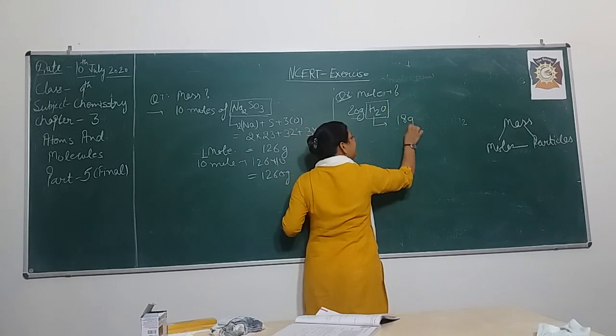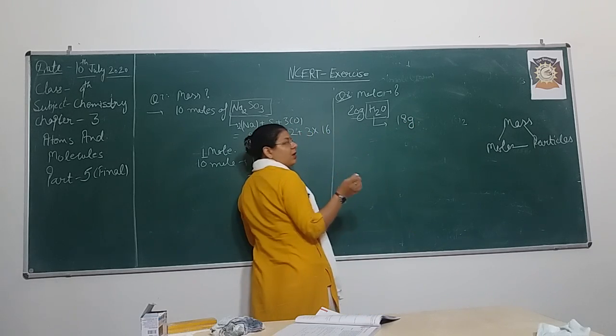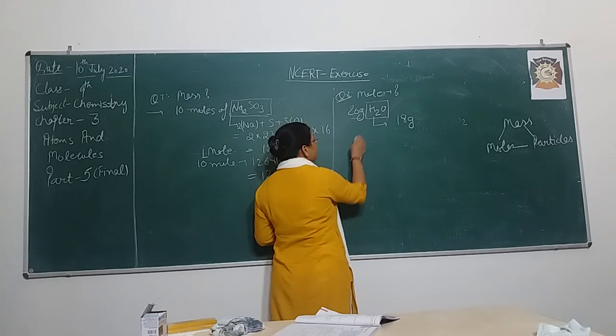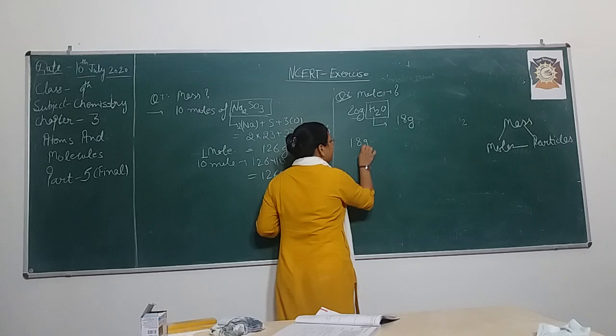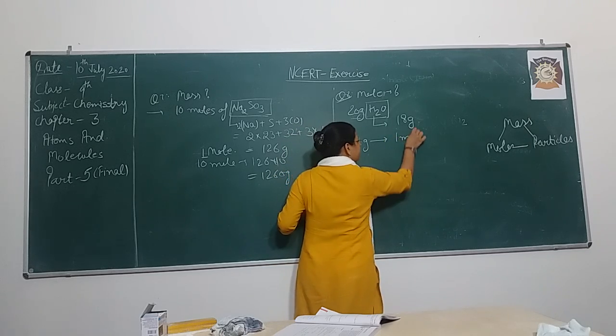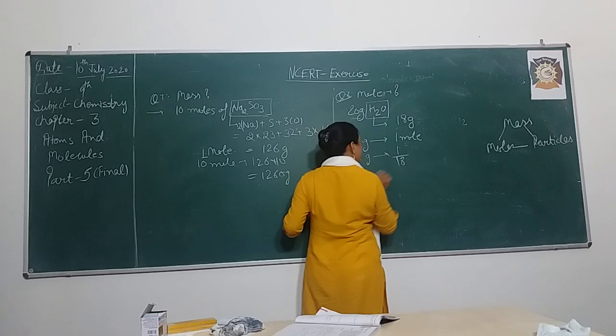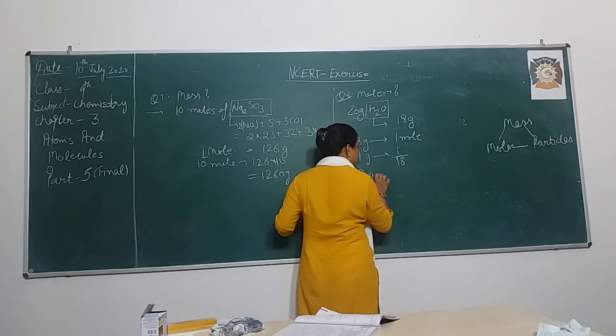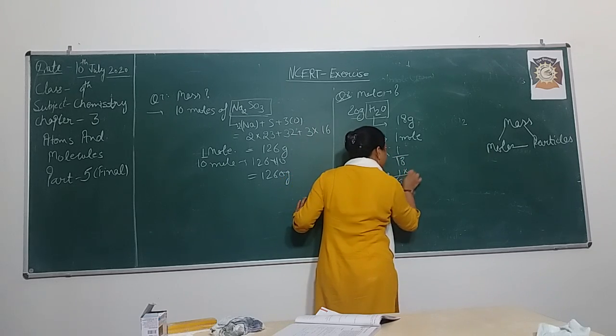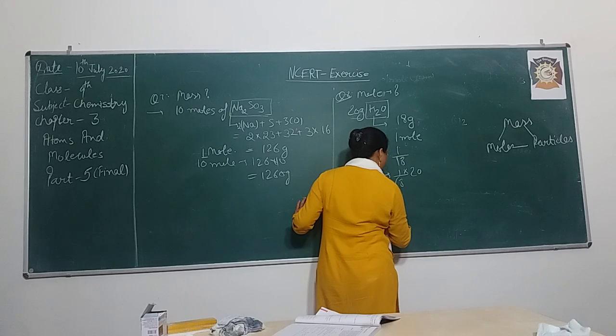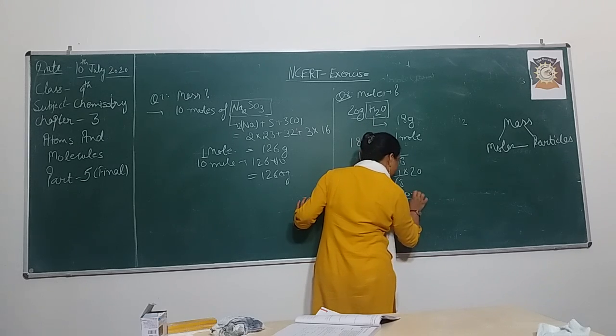The mass is 18 grams. You calculate it by yourself; I know that it is 18 grams. So 18 grams of water is 1 mole. So 1 divided by 18 multiplied by 20 gives 10 by 9 moles.